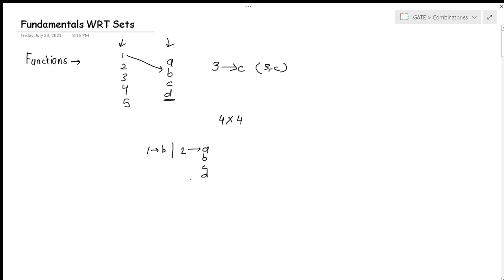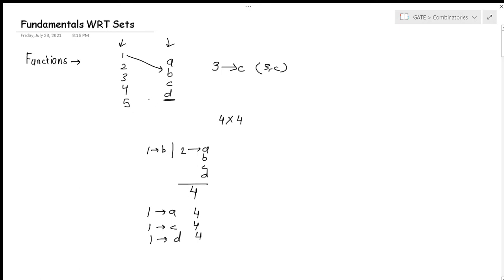So there were 4 choices if 1 had been mapped to B. Now similarly, 1 could have been mapped to A, or to C, or to D. So again there are 4 choices each, right?